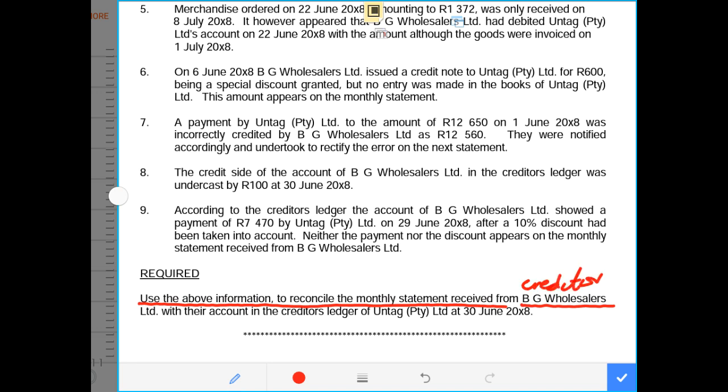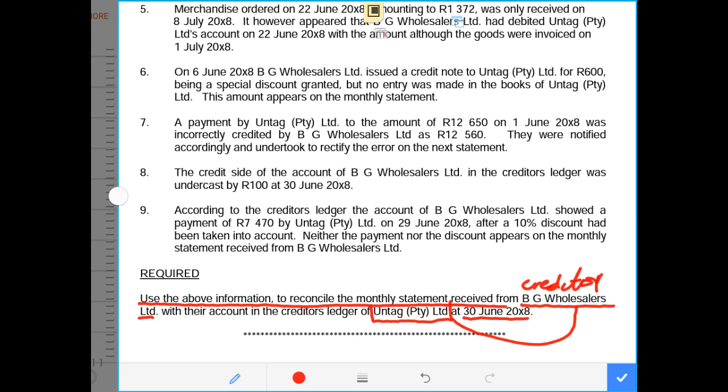The statement received from BG Wholesalers Ltd with their account in the creditors ledger of Antec Pty Ltd at 30 June 2008. So now we as the company, our name is Antec Pty Ltd, and we buy inventory on credit from BG Wholesaler. As I said, BG Wholesaler is our creditor.